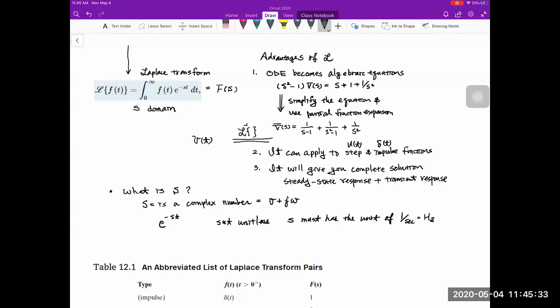So the S domain is actually what we call the frequency domain. Another frequency domain, which is Laplace transform, it also gives you a frequency domain. Just to give you a general idea of what the Laplace transform is, which we are not going to cover in this course.